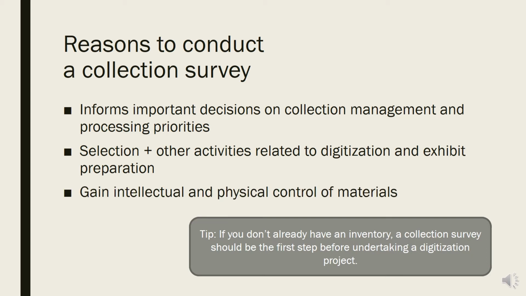A collection survey, most importantly, allows one to gain intellectual and physical control of materials. According to a small 2014 study, institutions that had conducted surveys did so in order to better understand their repository's materials.